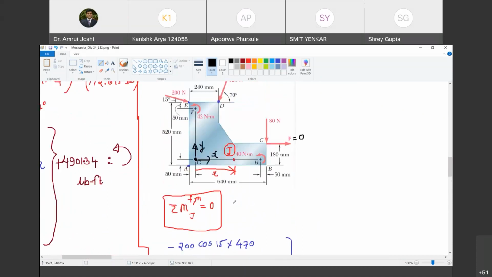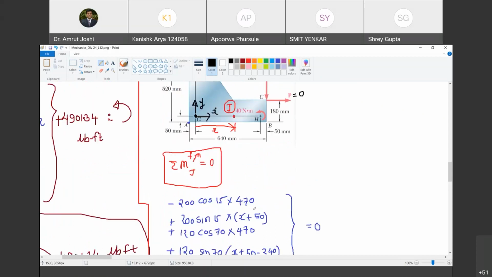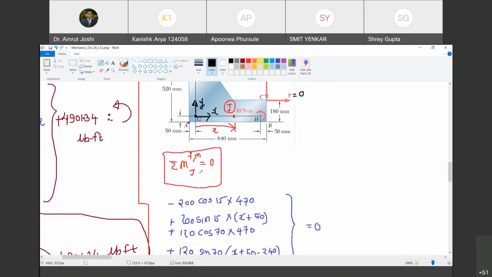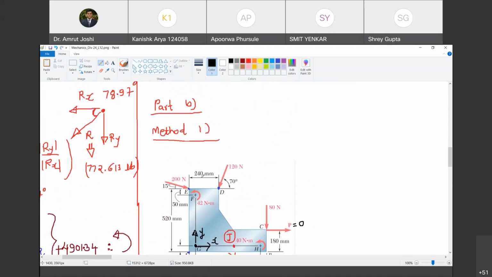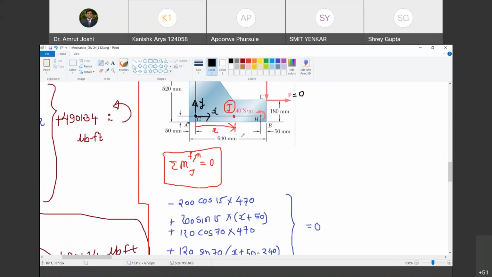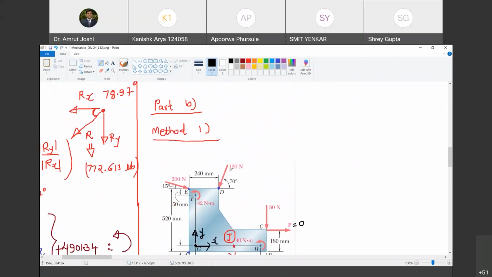Plus 120 cos 70 multiplied by 470, that is correct. Senses are correct or not? Yes. The first one is clockwise negative, second one is anti-clockwise positive, third one is anti-clockwise positive, next one is anti-clockwise positive, 120 sine 70, that is correct.